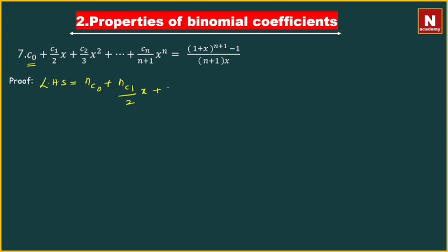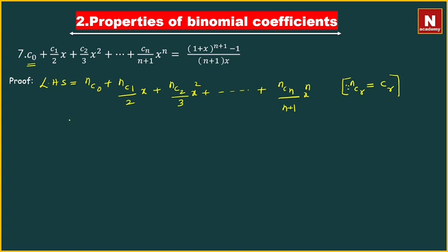This C2 we can write NC2 by 3 into x square, and so on. This Cn can be written as NCn by n plus 1 into x power n. Actually you know that NCR short form is CR, so CR we can express as NCR. That's why I'm writing like this.